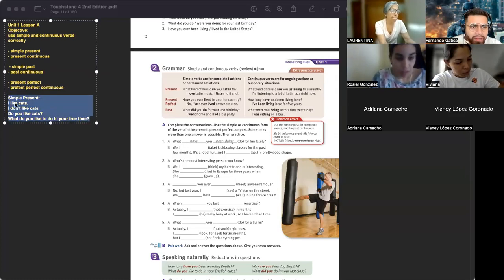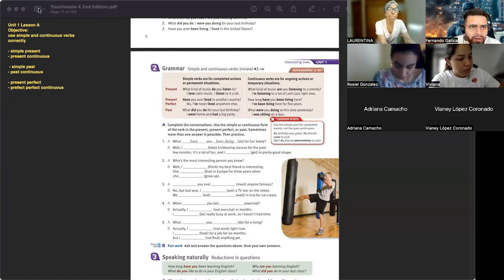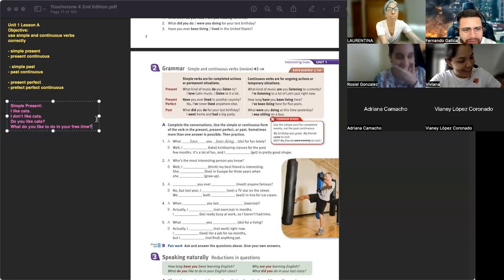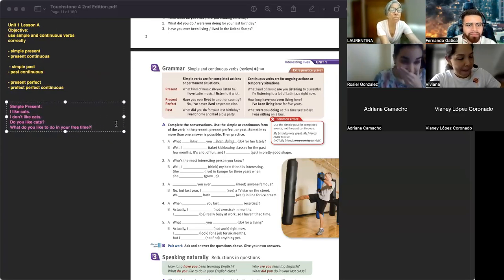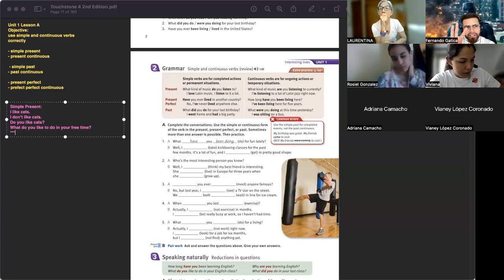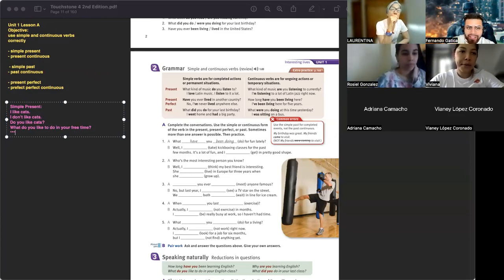One moment, I'm gonna copy this. It's gonna disappear. Don't worry. All right, there you go. This is the simple present. But the crazy thing about the simple present is that you have to think about if it's third person singular or not.